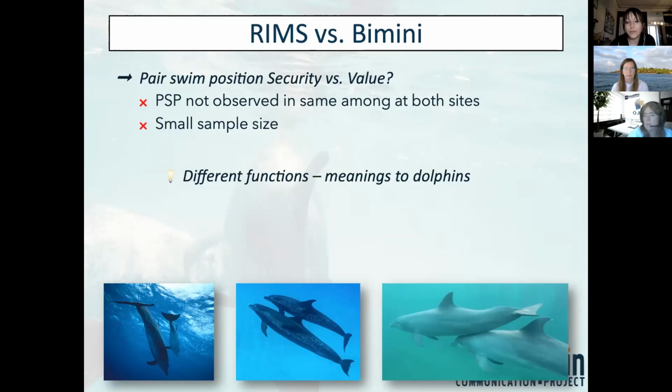Maybe the different pair swim positions have different meanings for the dolphins, because where we had more infant position, it ended up in security, and where we had more parallel, the variables ended up in value. But another question could be, maybe the different types of position are not used in the same way by the different categories, for example depending on the age, the sex, or the kinship of the individuals involved in those pair swimmings.